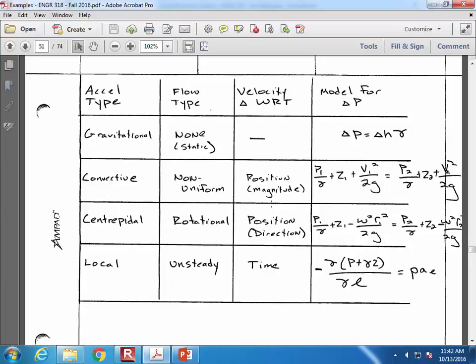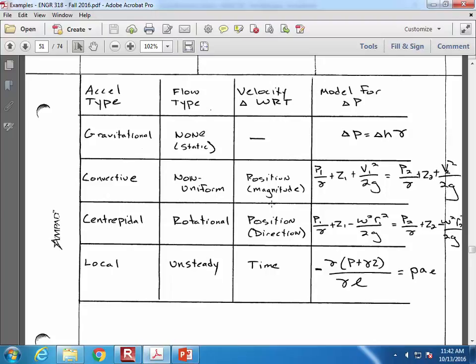What is it? Unsteady. Now, there may or may not be uniform flow. You can have unsteady non-uniform, you can have unsteady uniform. But unsteady flow is what results from local acceleration.